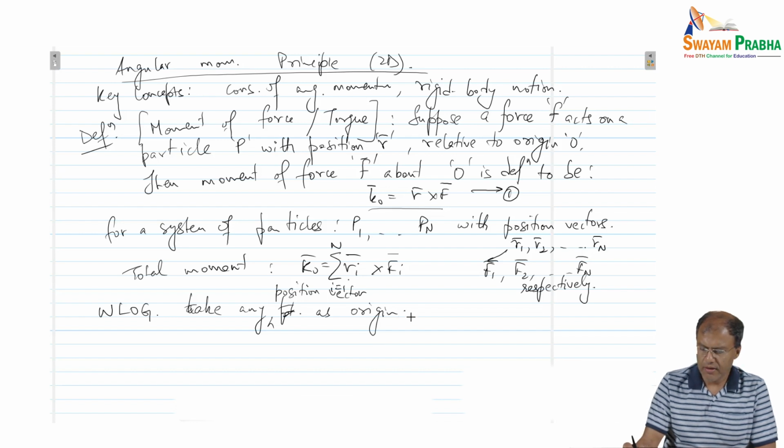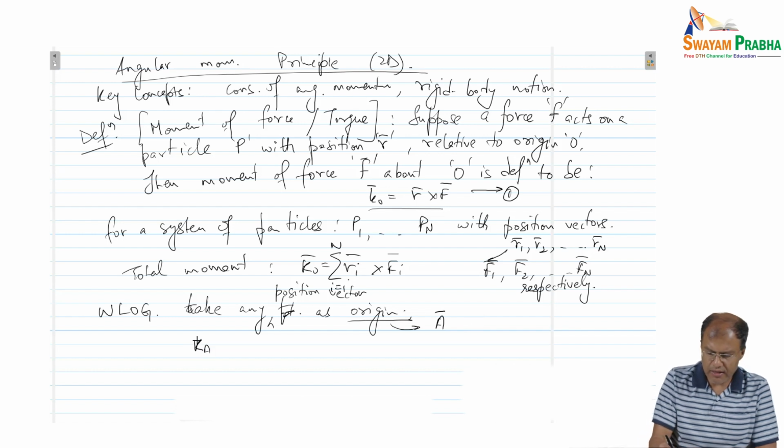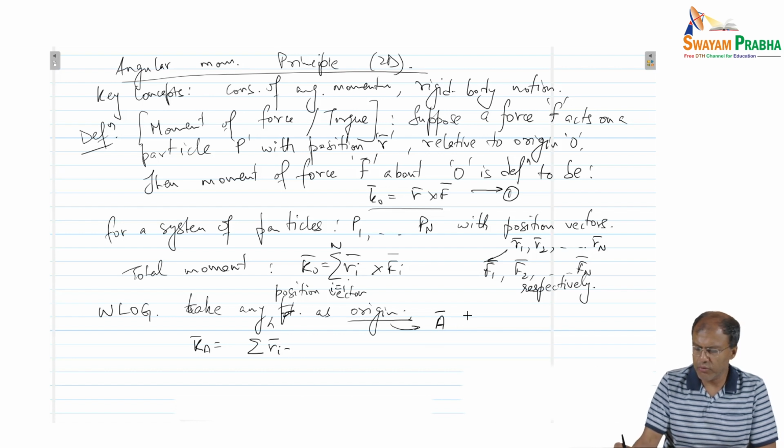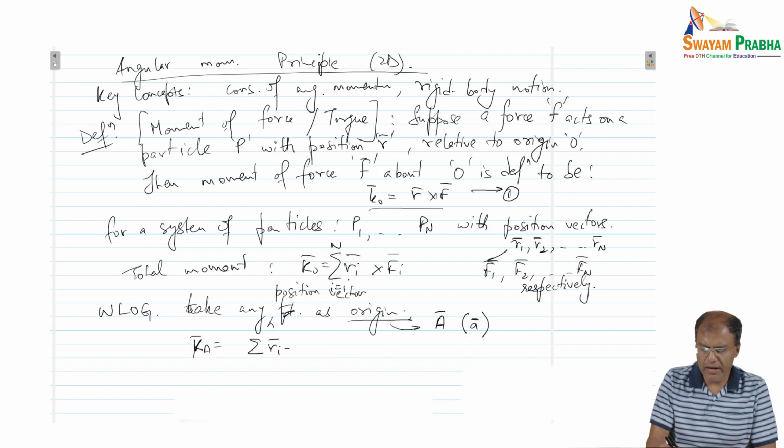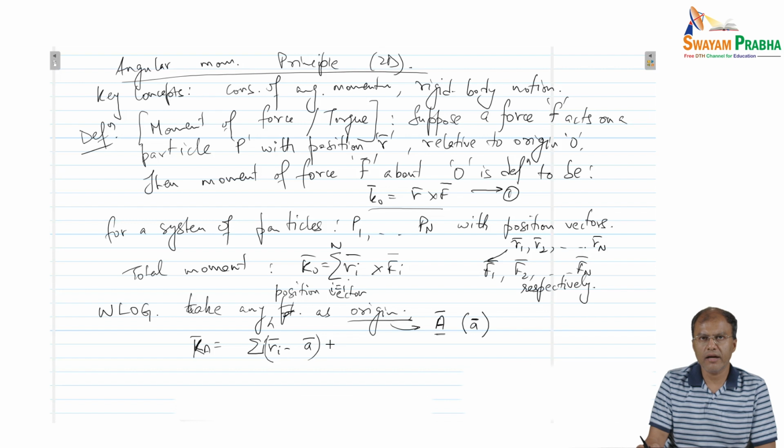In that case, let's say the point taken as origin is A. So in that case, we see that KA is the summation of Ri minus a, where small a is the position vector of this point A. Taking the position vector of the point A as the origin, my new moment will be Ri minus a, because now all the other position vectors have to be subtracted from the position vector of A. So Ri minus a cross Fi.